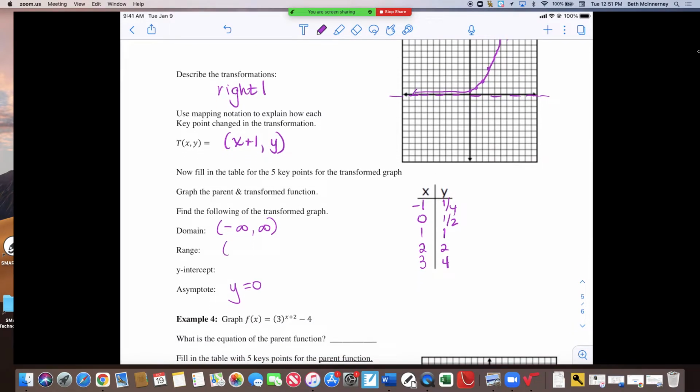My range is still 0 to infinity. I would say 95% of the time, and I'm making that up, your y-intercept is in the table. That's where x is 0. It's where the graph crosses the y-axis. So my y-intercept is (0, 1/2).